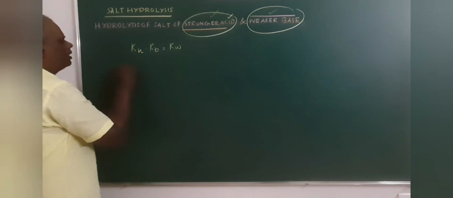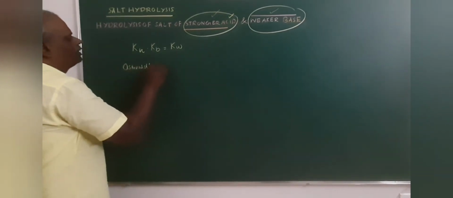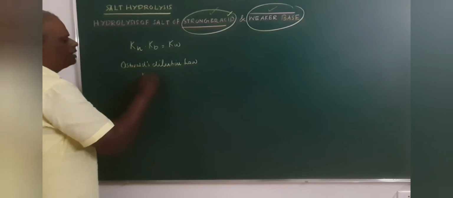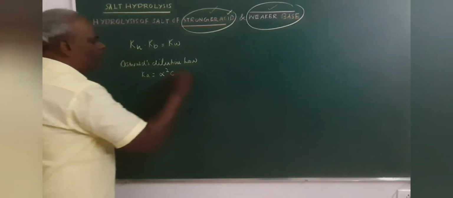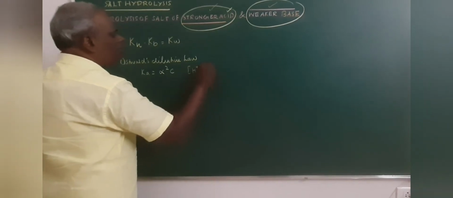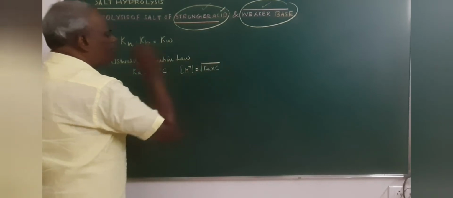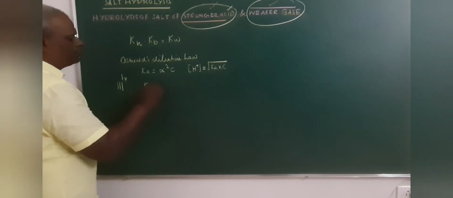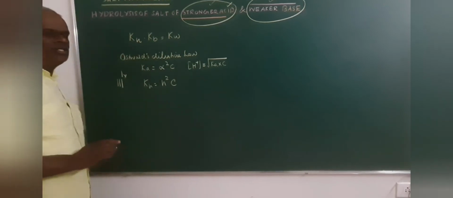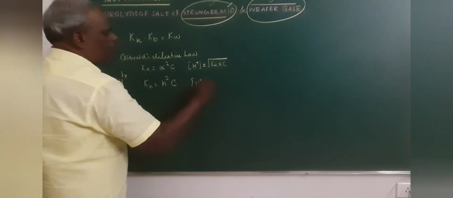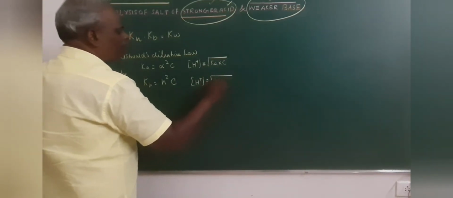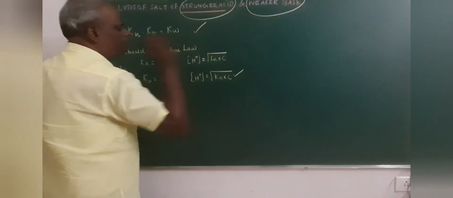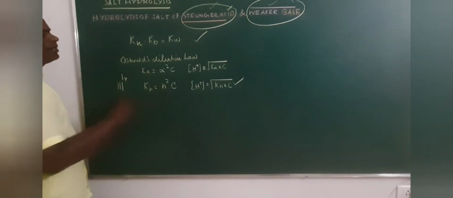And one more thing, according to Ostwald's dilution law, previously we have learned that Ka is equal to alpha square into C, and the hydrogen ion concentration is equal to the square root of Ka into C. Just similar to that, the hydrolysis constant Kh is equal to degree of hydrolysis square into concentration, and H plus would be equal to the square root of Kh into C. So by using these two relationships, how do we calculate the hydrogen ion concentration?